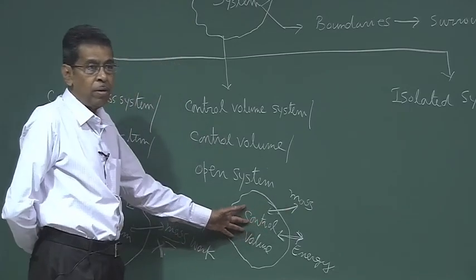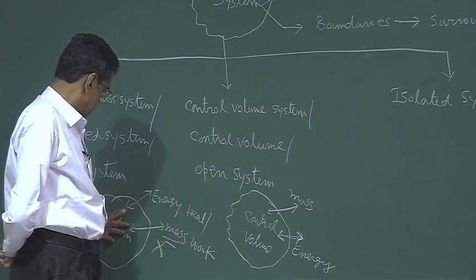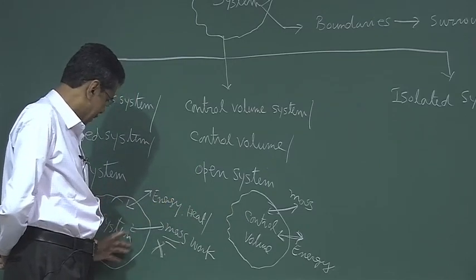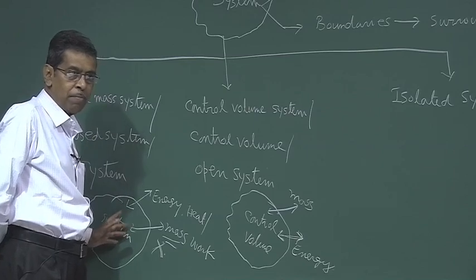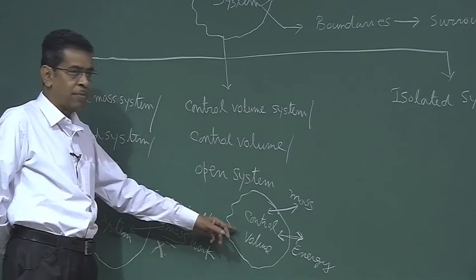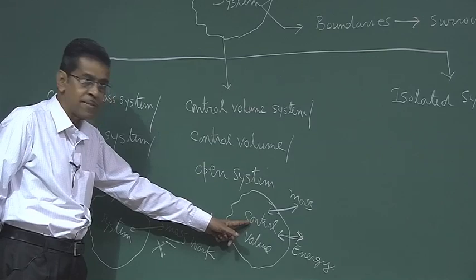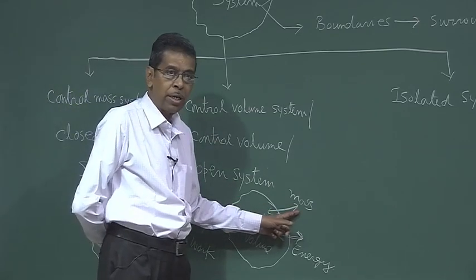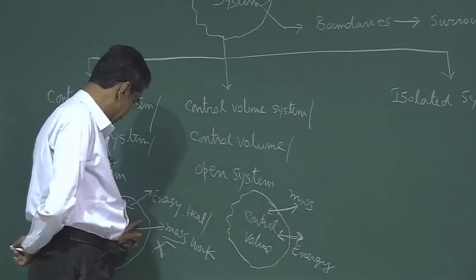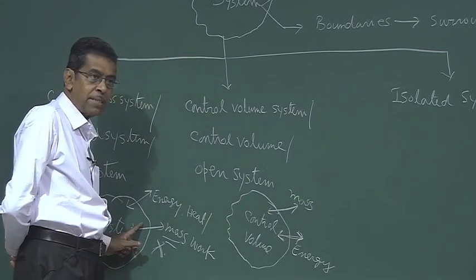So in one way it resembles the characteristics of the closed system, or the control mass system, that the mass remains the same. But still there is a difference. Here, though the mass remains the same, its identity changes because of the mass transfer across the system boundary. But in the closed system the identity remains the same.